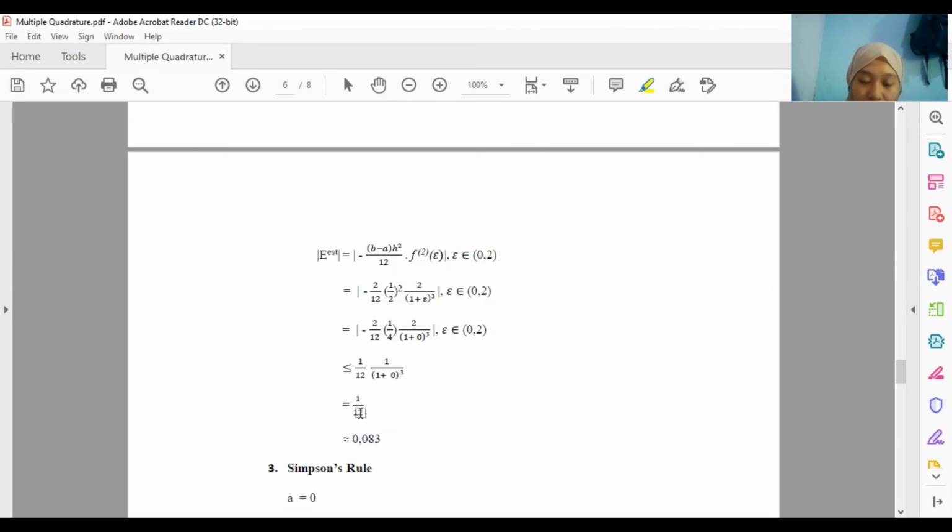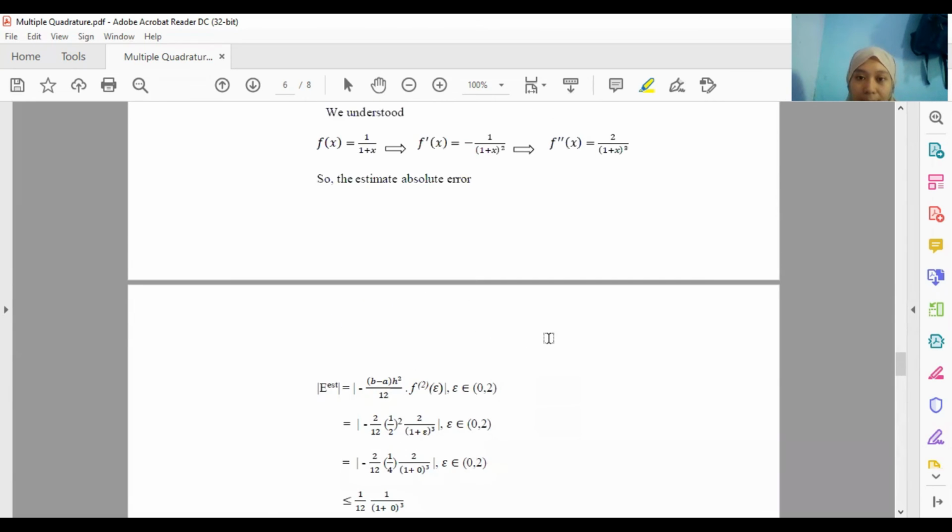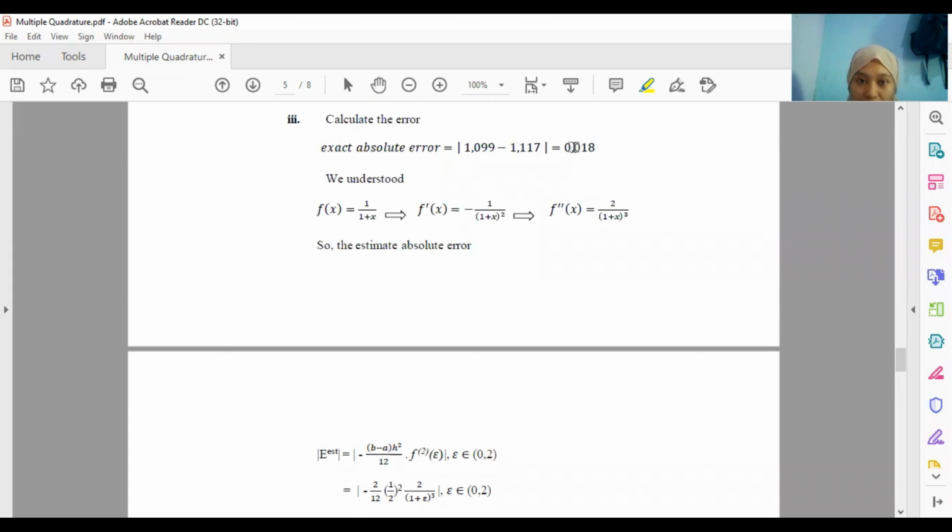So 1 over 12 is equivalent with 0.083. This must be bigger than this absolute error, right?